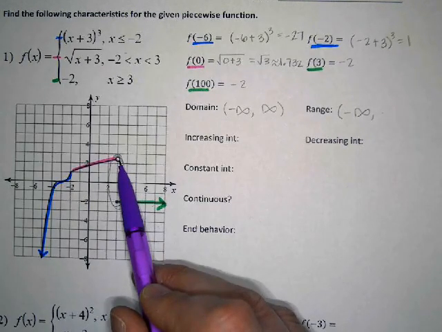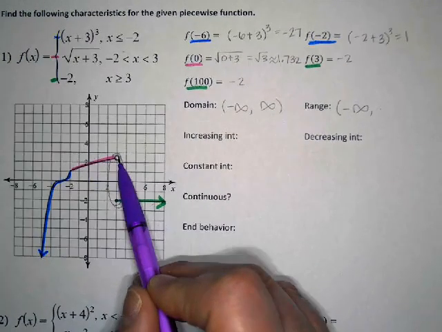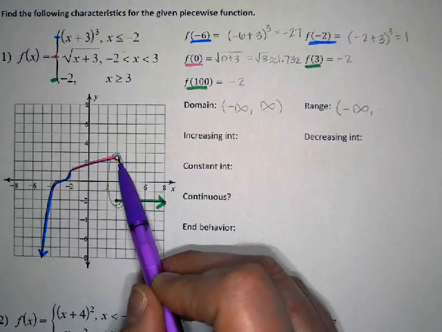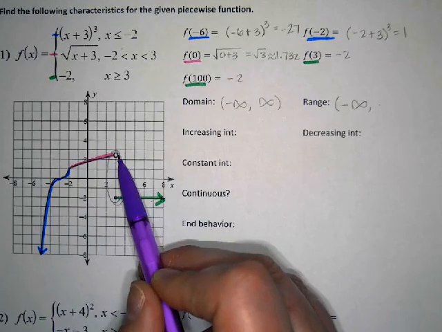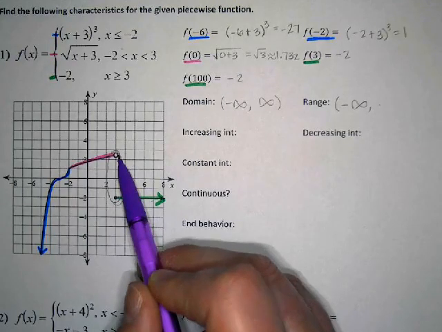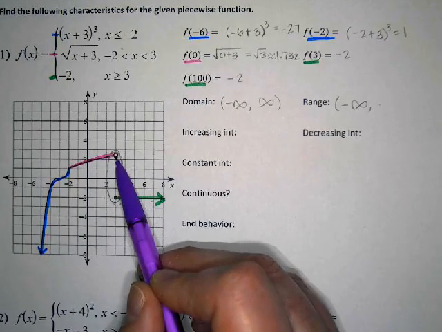Okay? Now, when I get the y value that corresponds to that x coordinate of 3, is that y value going to have a parenthesis or a bracket? Look at this. It's going to be a parenthesis, not a bracket, because look at this. Is this point included or not? It is not included.